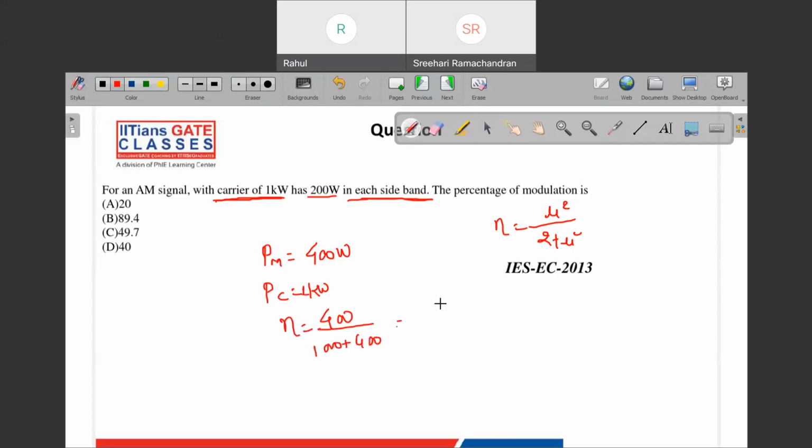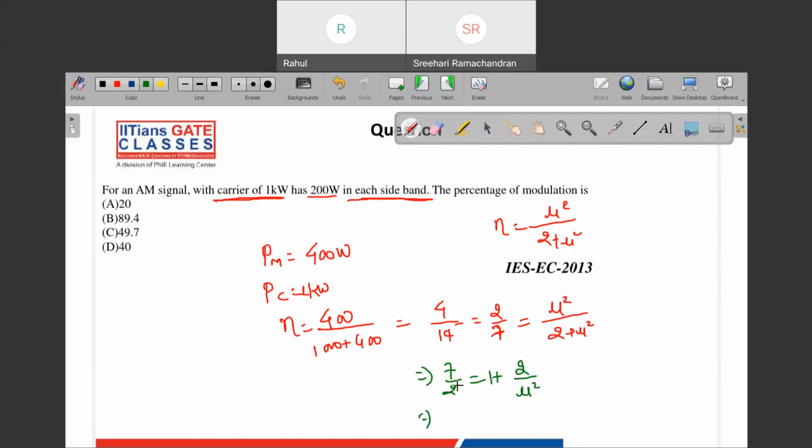So the efficiency will be equal to 400 divided by 1000 plus 400, which will give you 4 divided by 14, or 2 divided by 7. So this is the efficiency, which is equal to mu square divided by 2 plus mu square. You can also write it as 7 by 2, just reverse it, 1 plus 2 divided by mu square.